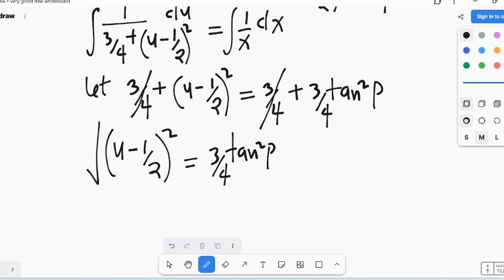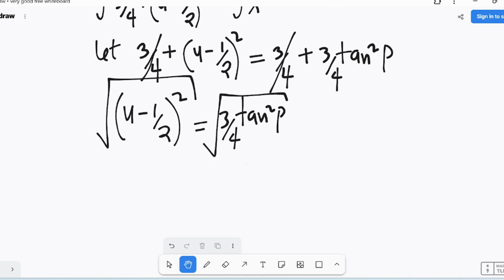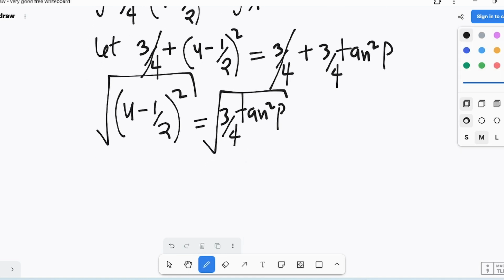Now applying square root on both sides, we end up having u minus half is equal to root 3 out of 2 tan of p.